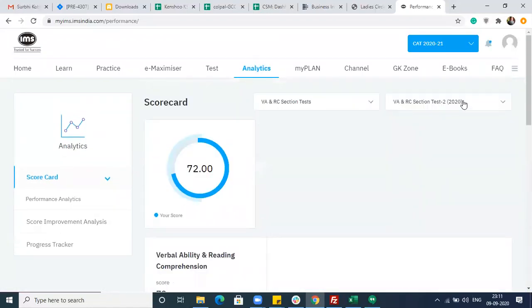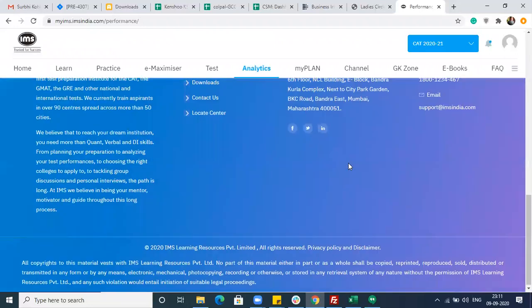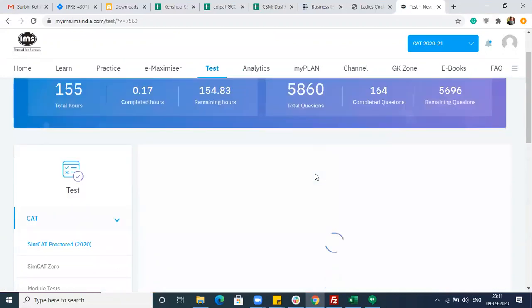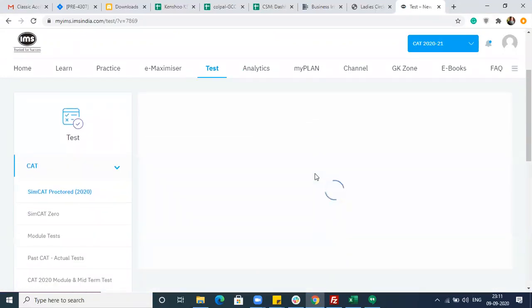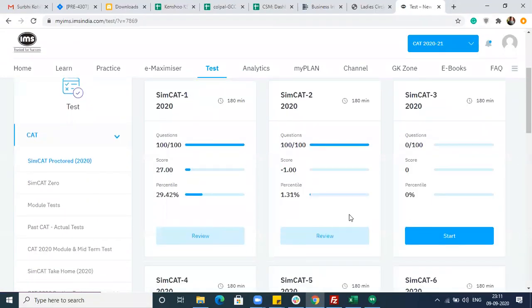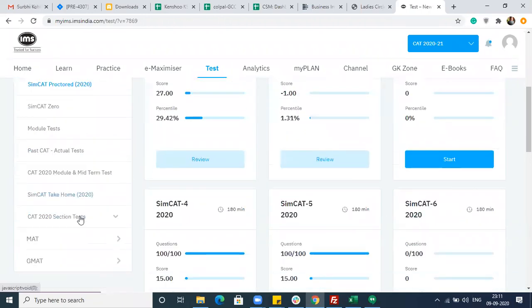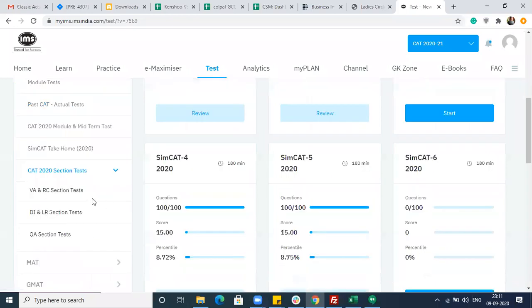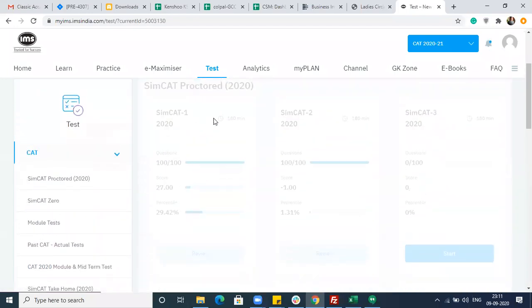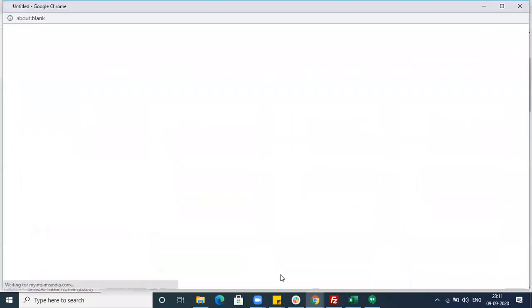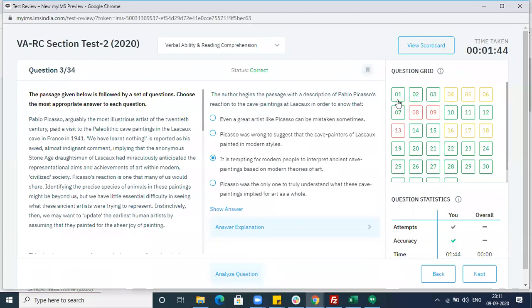And how do I go and see the paper? Okay, test. I just followed my gut feeling in the last question that I marked. Sectional test. Oh yeah, sectional test. Third question was right. Okay, awesome.